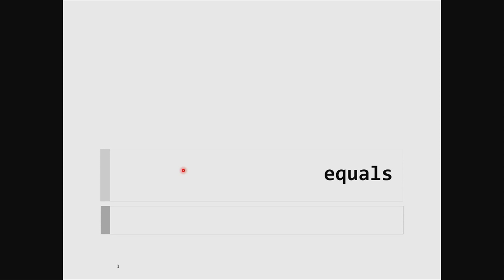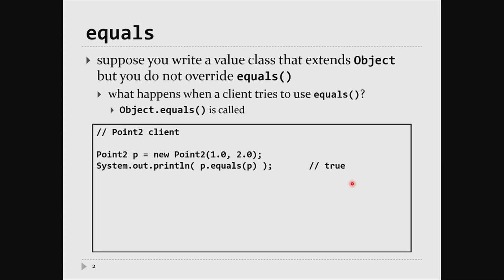Okay, so now we're back to fundamental object stuff, fundamentals of creating classes. Now I want to talk about this method called equals, which is probably the most important method in Java. One of the most important anyway. So you create some class like Point2. You sort of know that every Point2 object is actually an Object object.